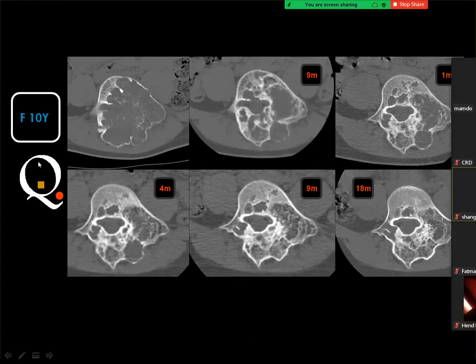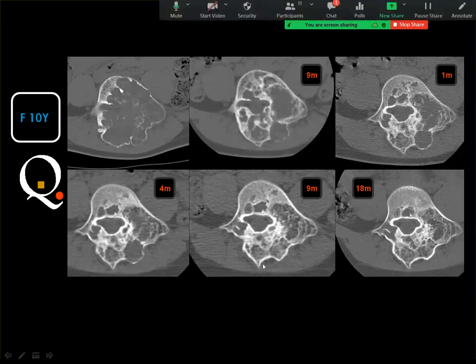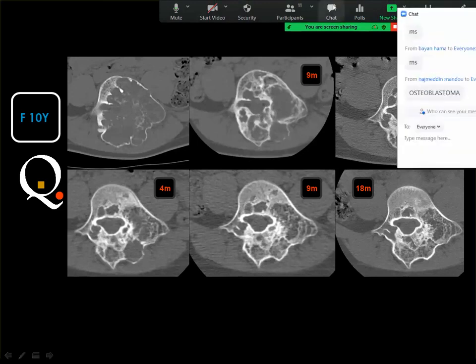This patient is a female child, 10 years old, with an expanding lesion in the spine. And these are the follow-up examinations after receiving a new drug for treatment of such a pathology. Osteoblastoma.